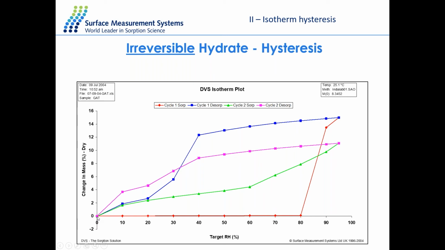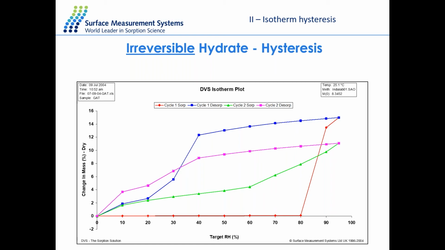form. Now, the second cycle, you can see over here, it goes back up and down, but it doesn't have the same shape as the first one. Specifically, it doesn't have an identifiable critical value of relative humidity that allows me to form the hydrate back again. So this is highlighting the fact that this material is not stable in the condition of formation.